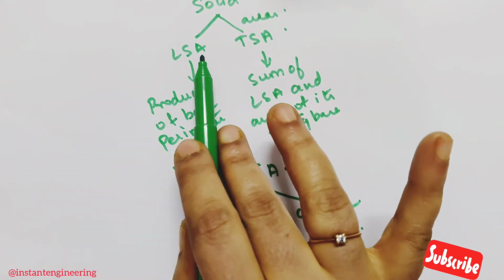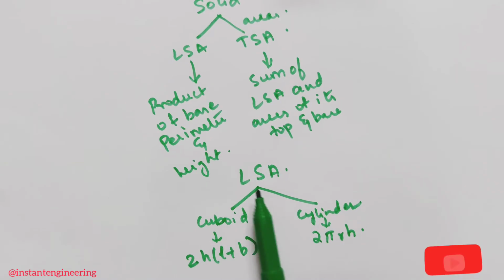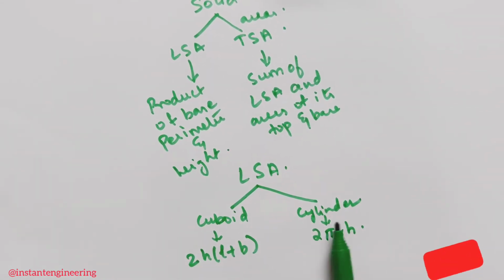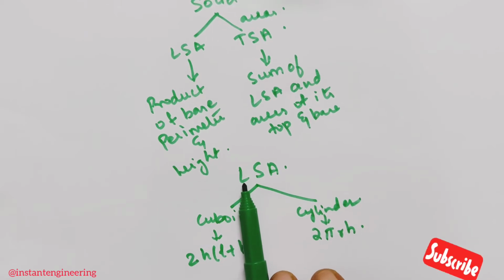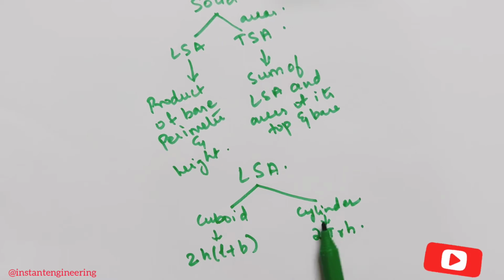LSA means lateral surface area, that is the product of base perimeter and height. You can apply LSA for these two solid objects, cuboid and cylinder. So these are the formulas.